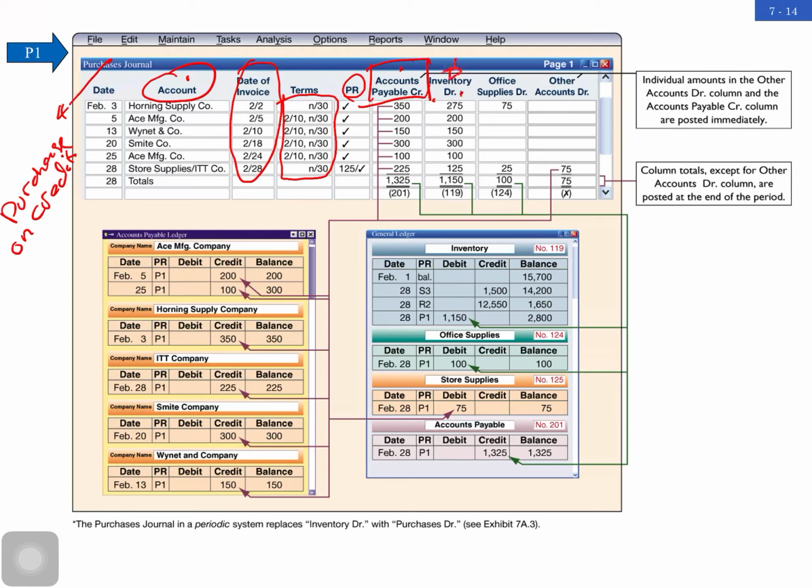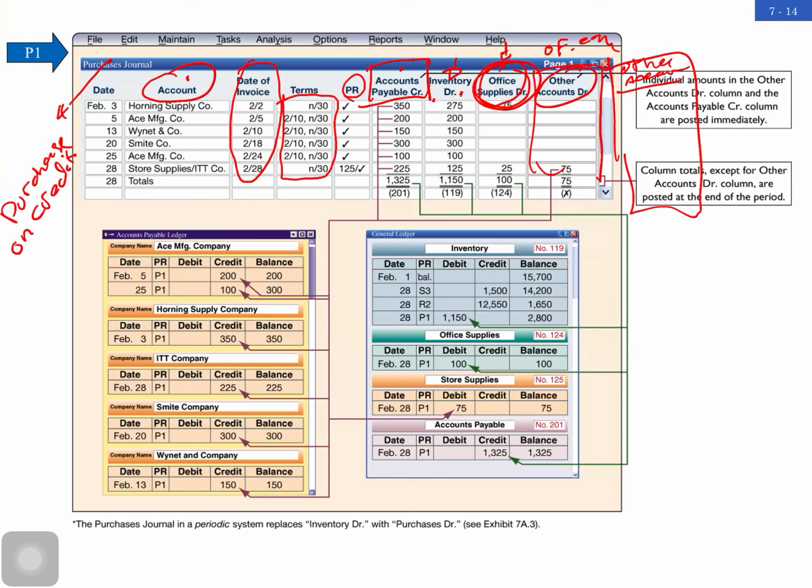And then you write office supplies and other accounts. The things that you regularly buy, you make a column for here. In this example, the company regularly buys office supplies, that's why they have the column for office supplies. But if your company regularly buys office equipment, for example, then you need one more column here for office equipment, and then the next column will be other accounts.